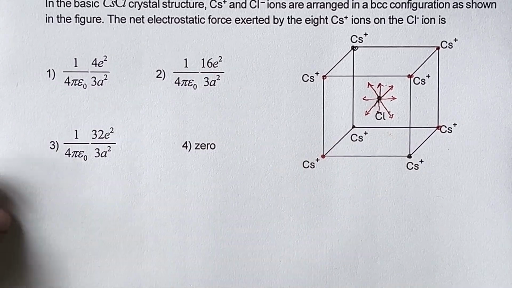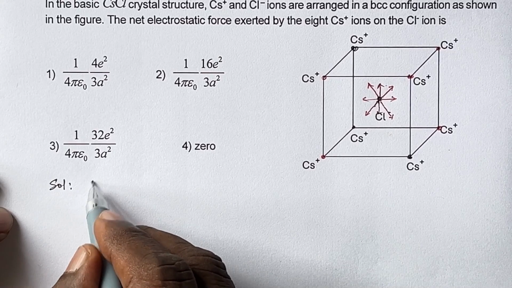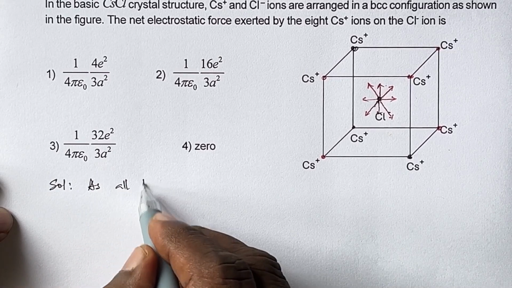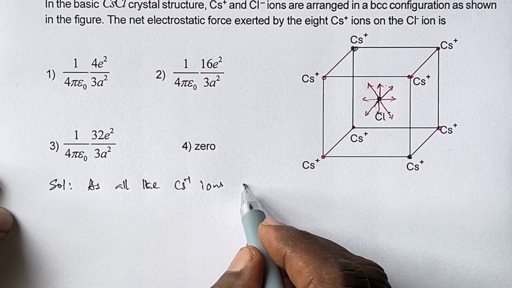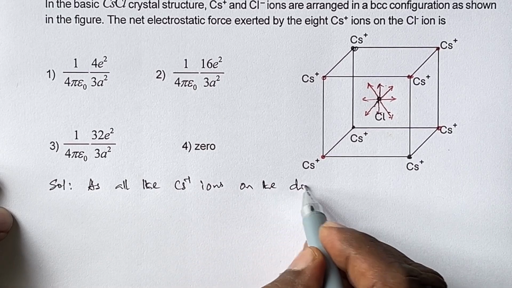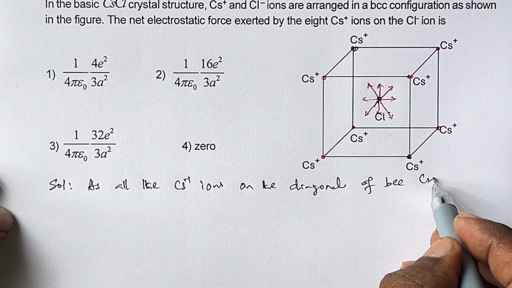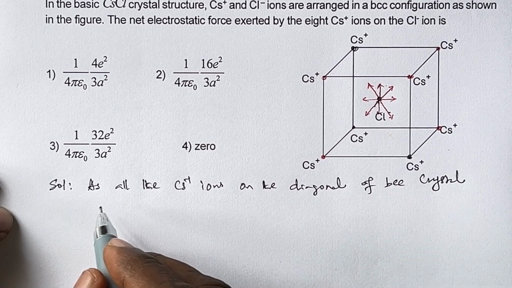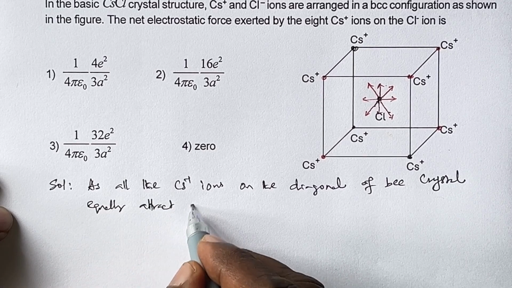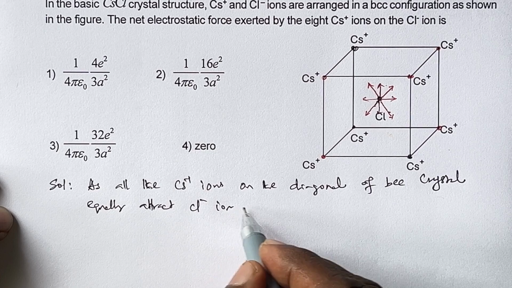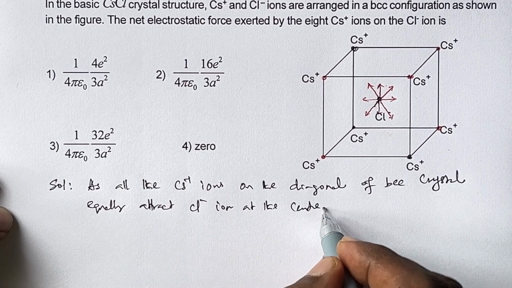So let us write this: all the Cs plus ions on the diagonal of the BCC crystal equally attract the Cl minus ion at the center.